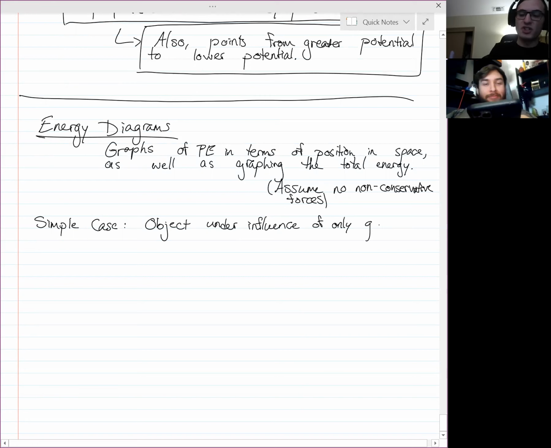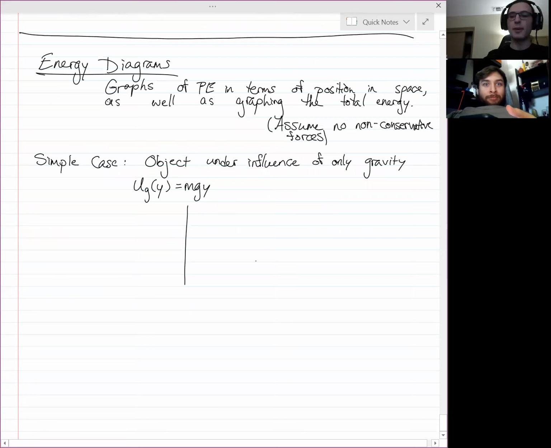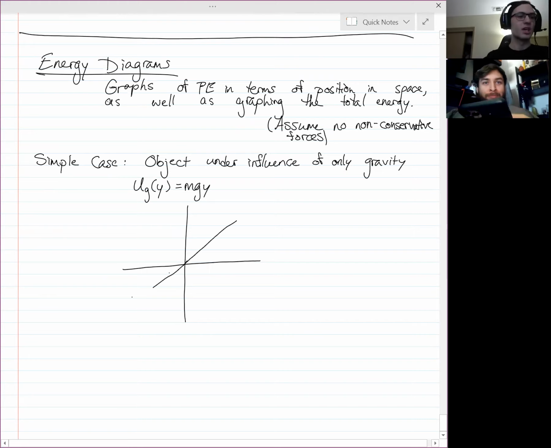That means that the total potential energy function is just the gravitational potential energy function, and that's just mgy. So we can plot this. And let's say that it has some amount of energy, call it E total. Our potential energy function, U sub g, looks like a straight line, right? Energy is conserved here because there are no external works.